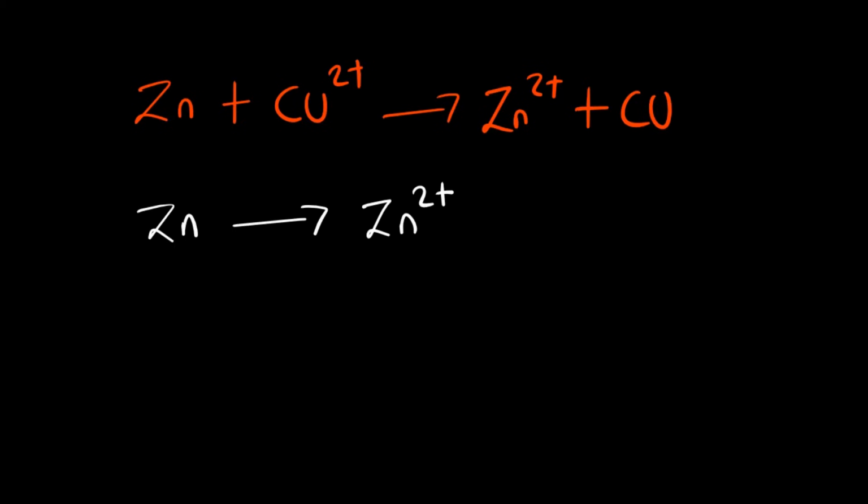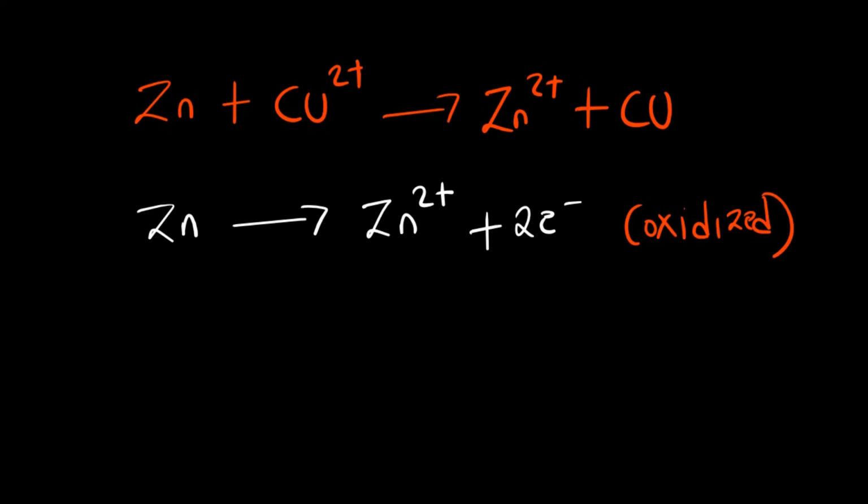Here it was just a neutral element, but now it has a charge. That 2+ just shows you that there's an excess of plus charges in the zinc atom. So it means we've lost 2 electrons. So I'm going to put plus 2 electrons that have been lost. And we have said that the loss of electrons is called an oxidation reaction. So in this case, zinc has been oxidized.